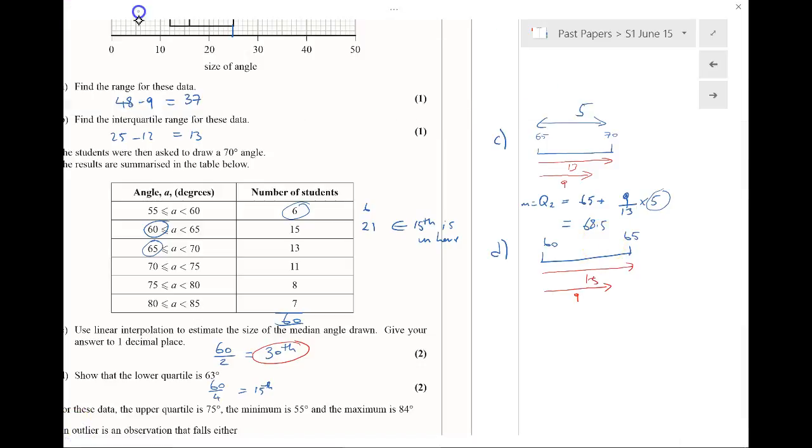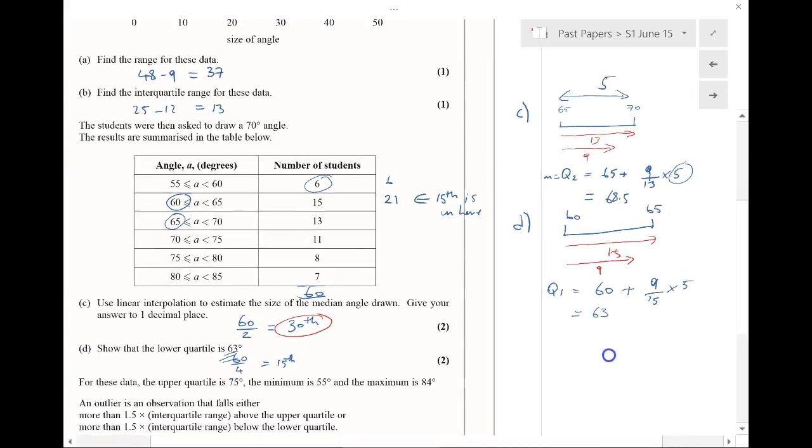So that means that our estimate for Q1 is 60, because that's the lower class boundary there, plus the fraction, the estimate of how far into the group it is, 9 out of 15, times by the class width, which again is 5. And that equals 63, which is what they've asked us to show.